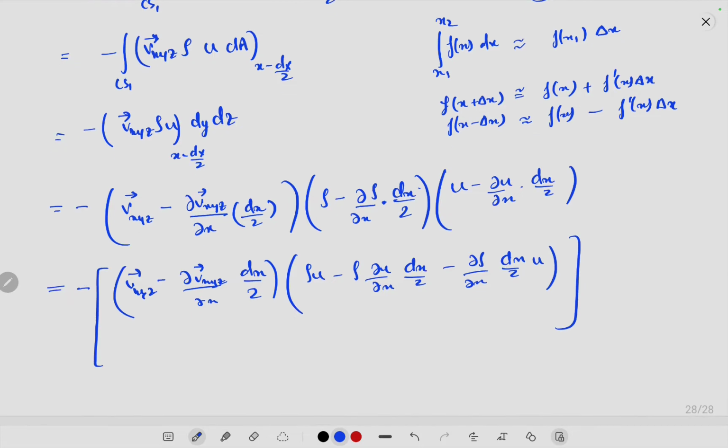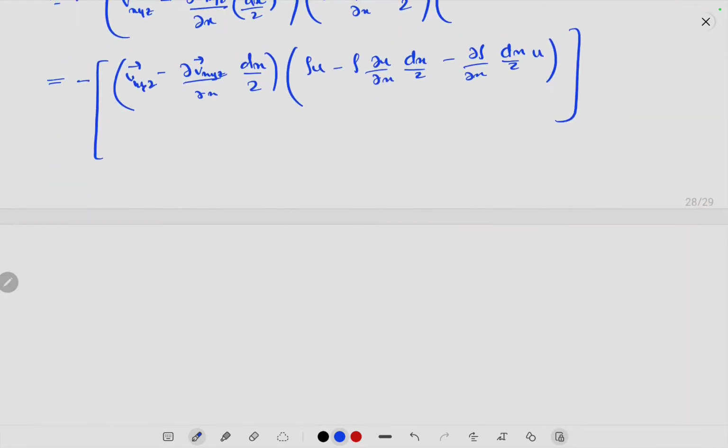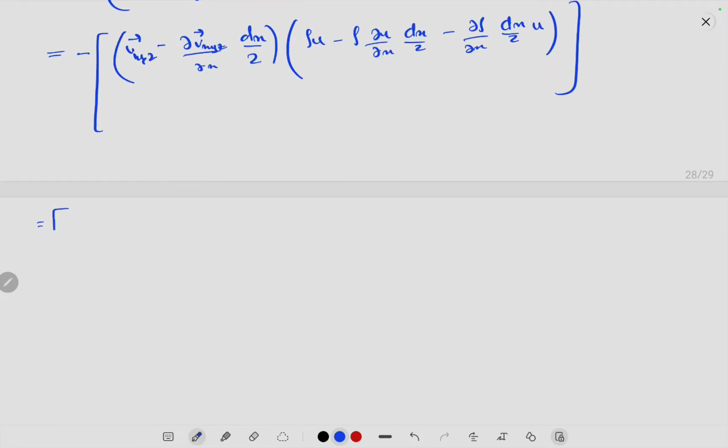Okay, now let's multiply these terms. Negative sign outside. So let's multiply v(x,y,z) first. So this will be v(x,y,z) rho u minus v(x,y,z) rho del u by del x dx by 2 minus v(x,y,z) del rho by del x dx by 2 u.